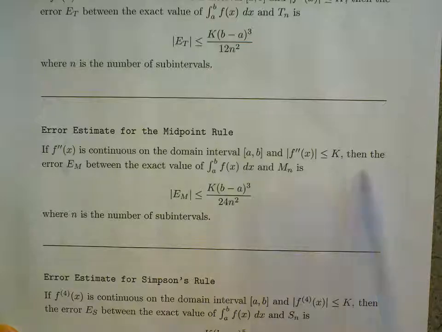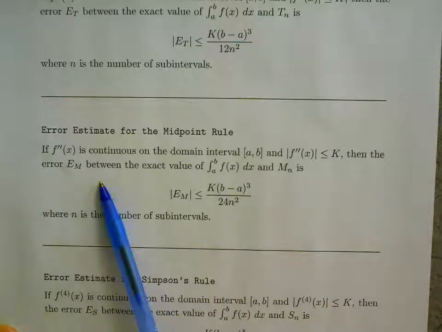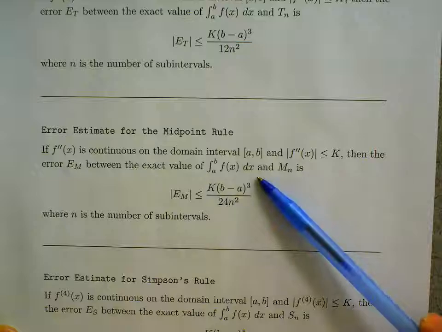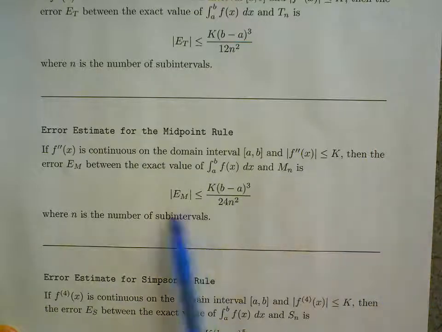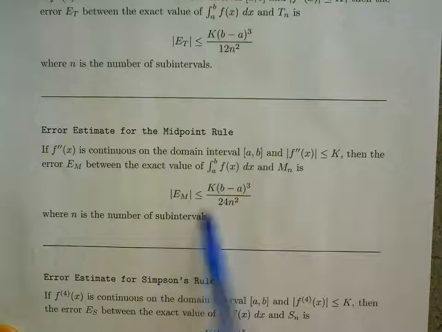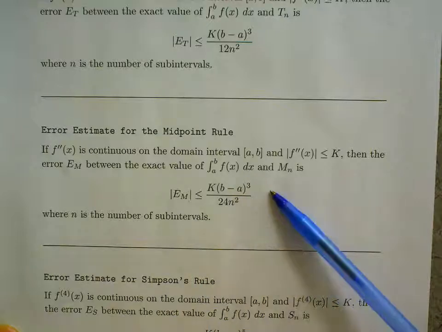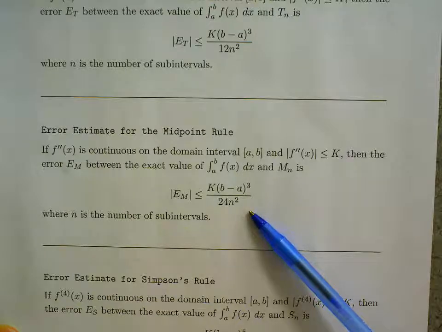Then the error E sub m between the exact value of the definite integral and M sub n is this inequality. The absolute value of the error for the midpoint rule is less than or equal to k times (b minus a) to the third divided by 24n squared.